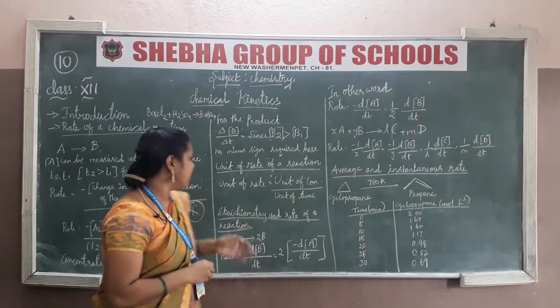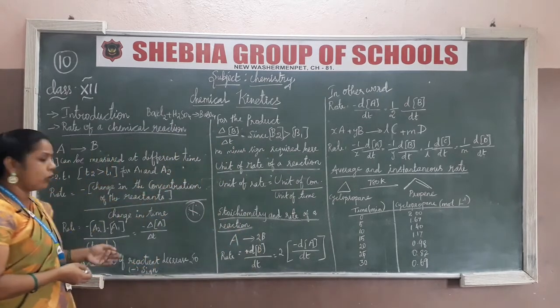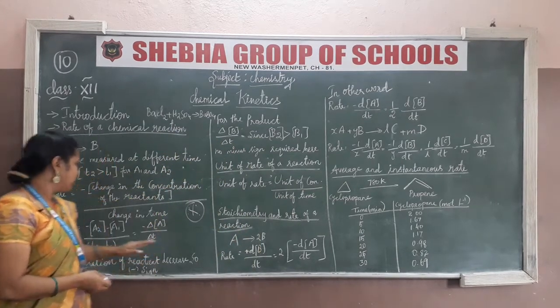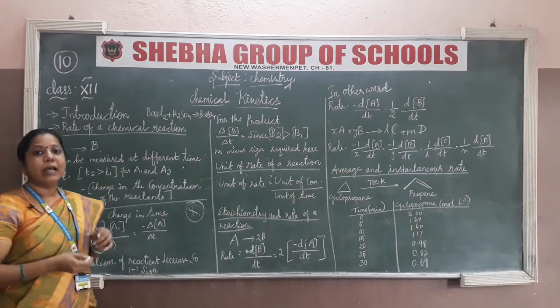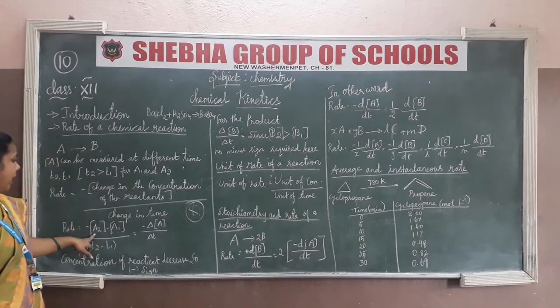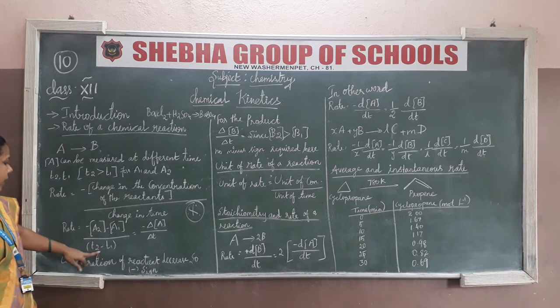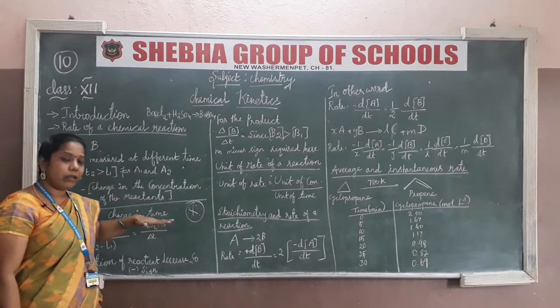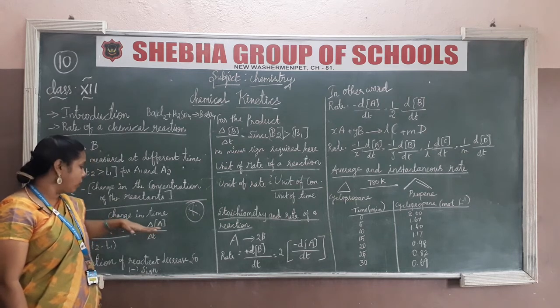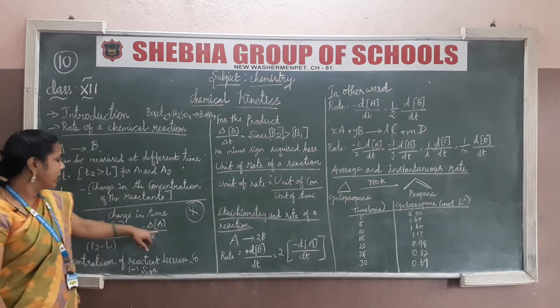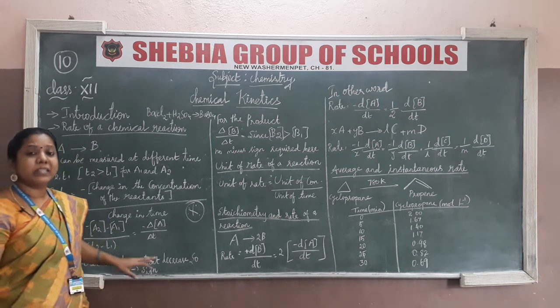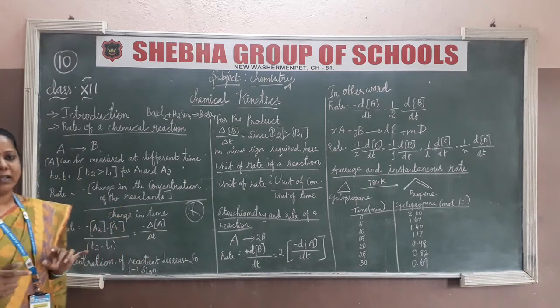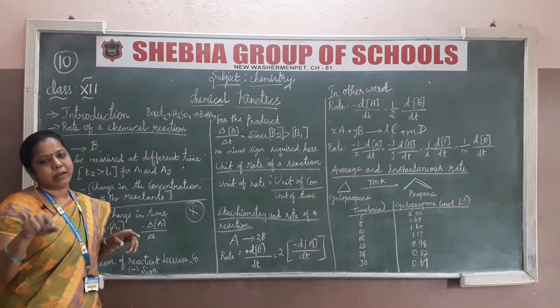Okay, change in time means what? D2 minus D1. So I am going to write down in the equation method: A2 minus A1 divided by D2 minus D1. Obviously we can write delta A, and the minus sign we want to write, divided by delta T. Delta means change of என்ற word-க்கு நம்ம delta என்ற word போடுவோம். சரியா?